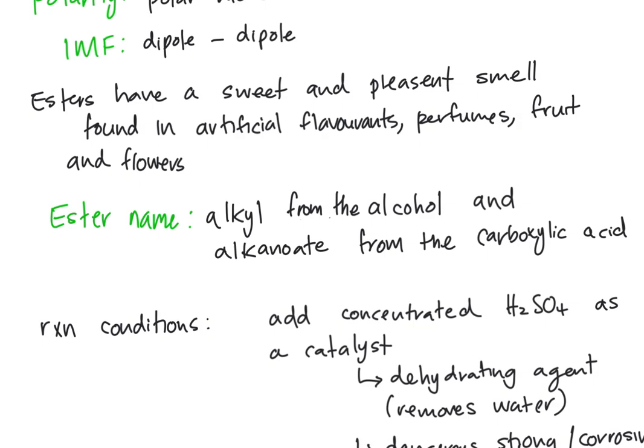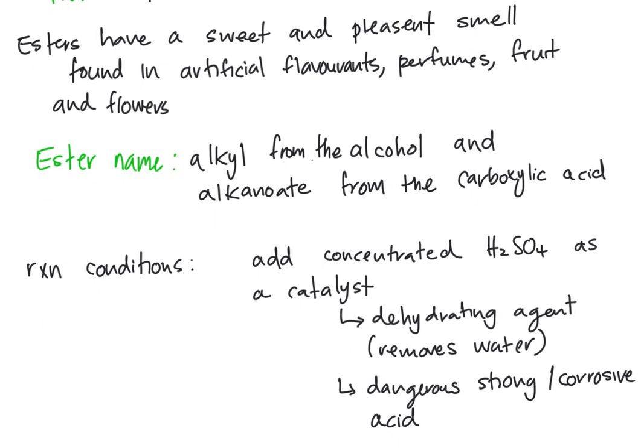The reaction conditions, very important, is you're going to add concentrated sulfuric acid as your catalyst because it's a dehydrating agent. It removes water and it is a dangerous, strong, and also corrosive acid. So I'm going to show you an example of how we form an ester.